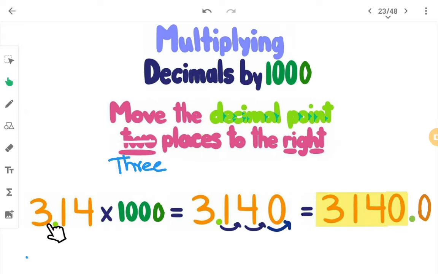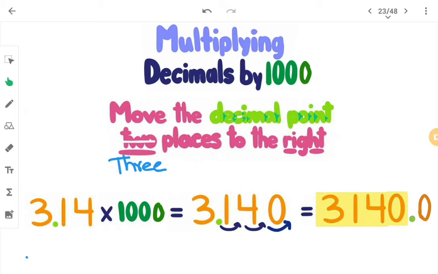So, I have taken 3.14 into 1000. That is 3 point. I am moving 3 places. I will get 3140.0. Okay, is it easy?